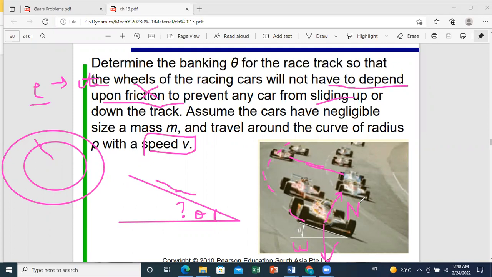So the only forces acting on these cars are the weight and the normal force. For these conditions, I want a relation between theta and the parameters of my problem, which are the radius of curvature of the circle and the speed v that I impose on my car. Let us see how to relate these parameters.